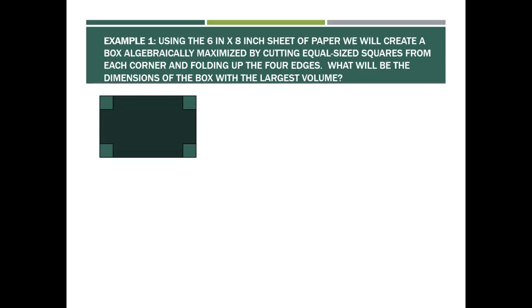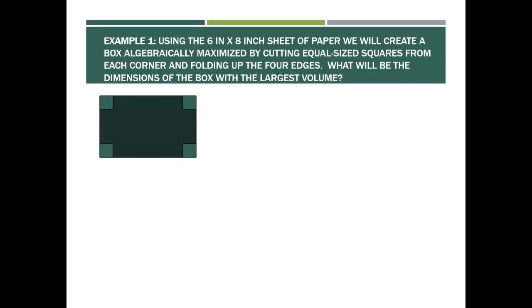So example number 1: using the 6 by 8 inch sheet of paper, we will create a box that is algebraically maximized by cutting equal size squares from each corner and folding up the 4 edges. When will the dimensions of the box be the largest in value?